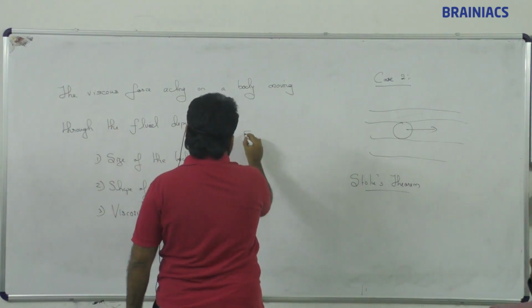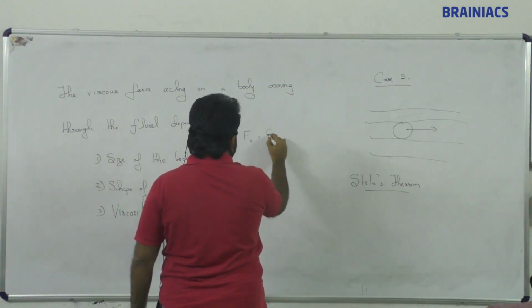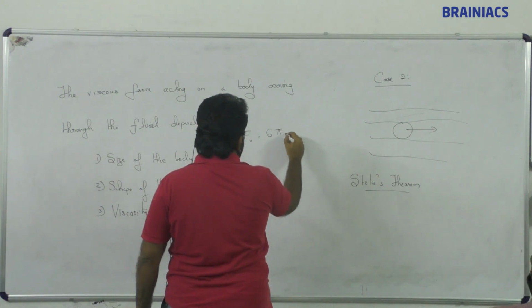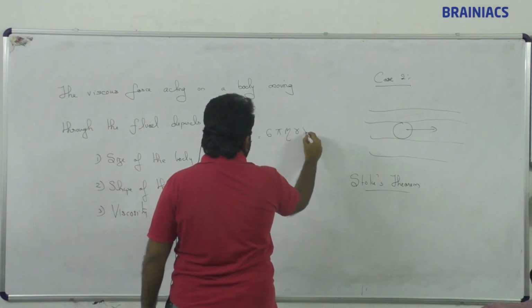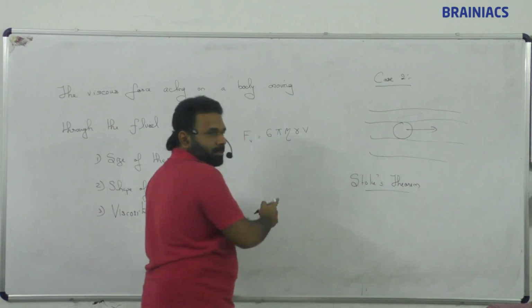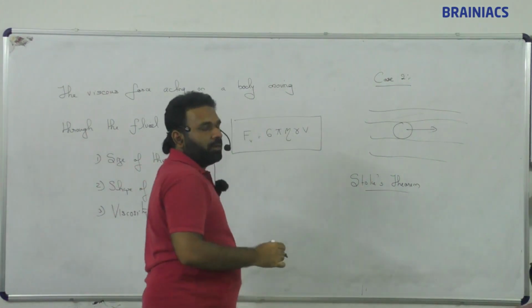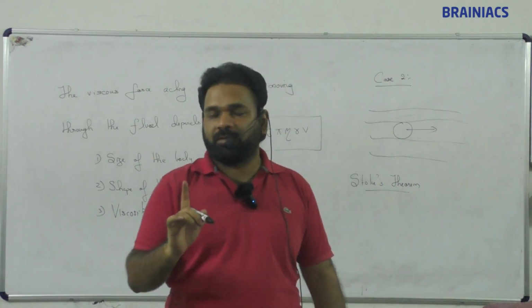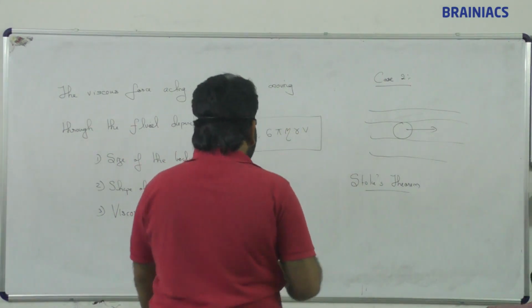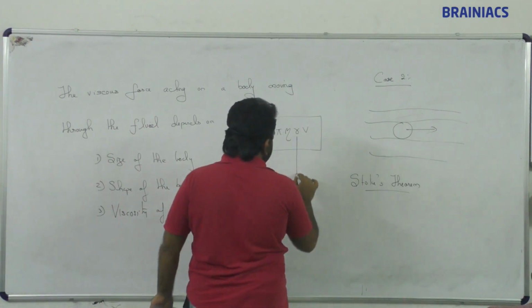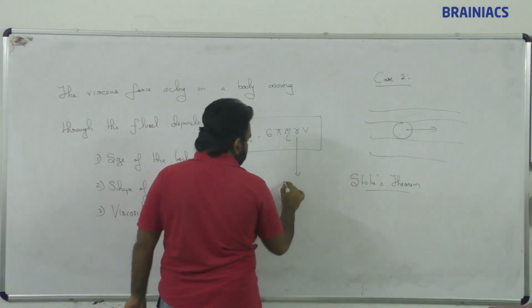Okay, so in this case the viscous force is 6 pi eta R V. In this case means we are studying only about spheres. So this R is the radius of the sphere.